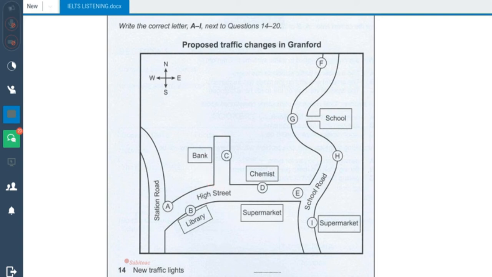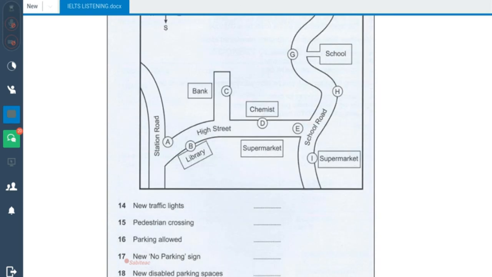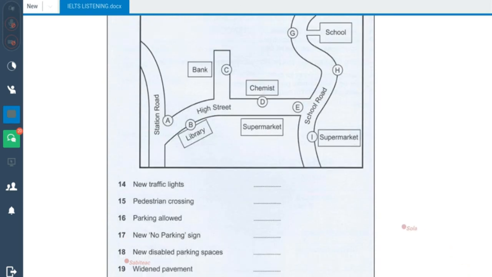Then for question 14, which says new traffic lights, I want to believe you will agree with me that the correct option will be C, because option C is just opposite the bank.